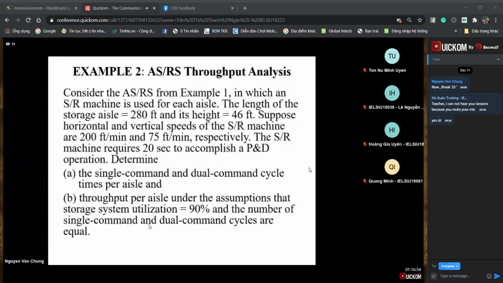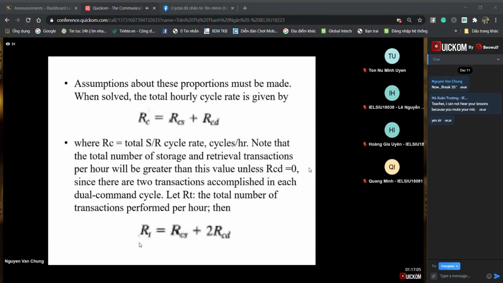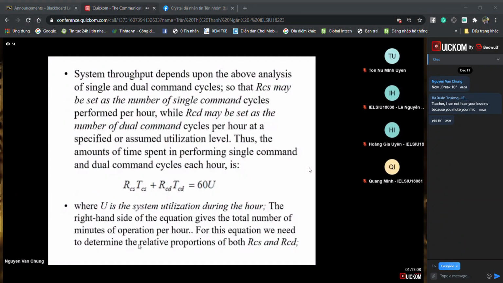You have the utilization, and the number of single command cycles, and this is the formula.